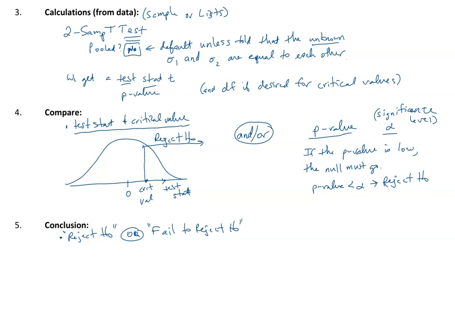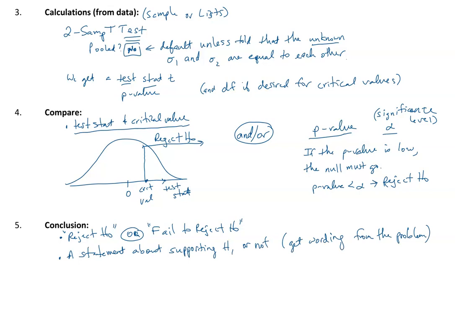And then the other part of the conclusion is to make a statement about supporting the alternative, H1, or not, using whatever wording is in the problem. All right, so looking at the time, I think I will wrap up this video and we'll do a couple of examples in part 2.